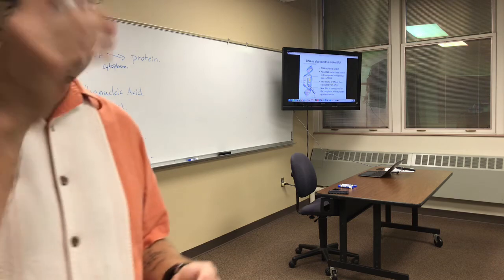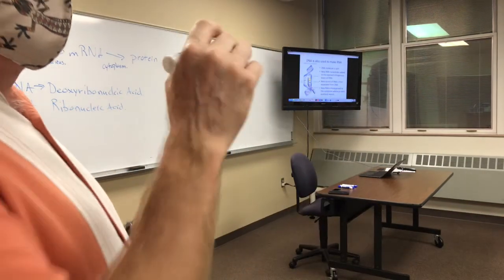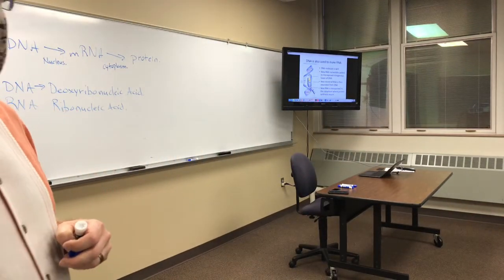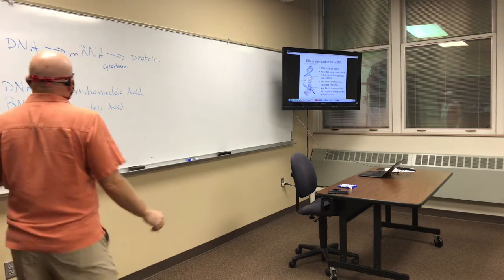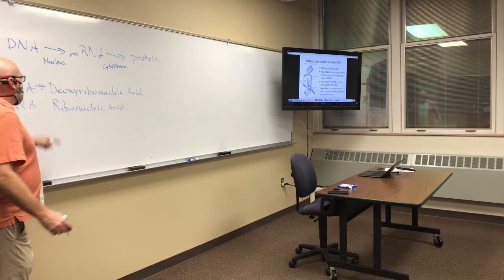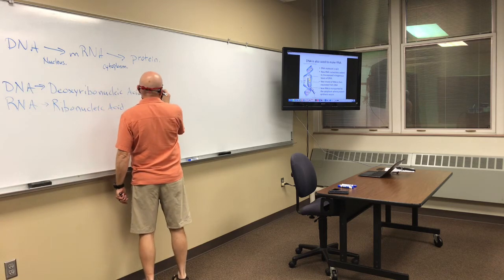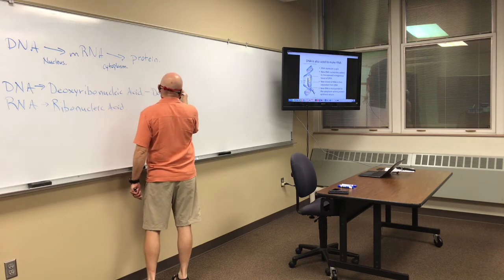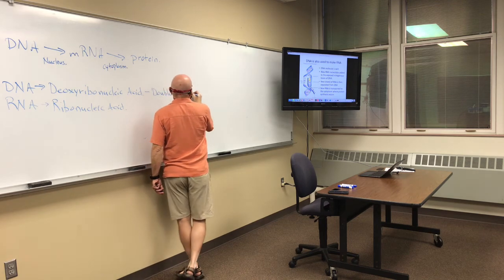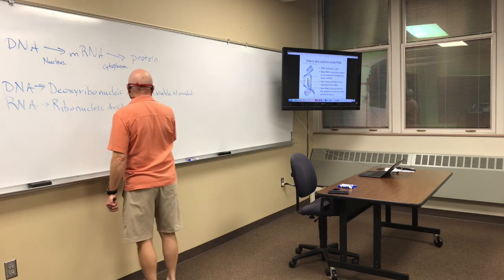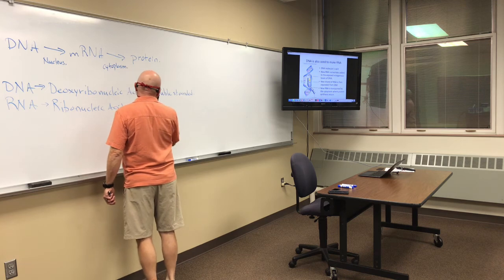It's still a 5-carbon sugar. It's still a sugar phosphate backbone, but this one is lacking an oxygen that this one has. DNA ends up being a double-stranded molecule, and RNA is generally regarded as a single-stranded molecule.